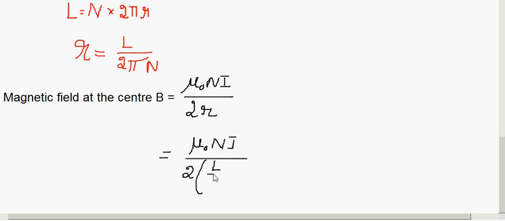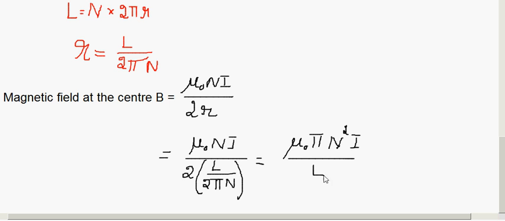r is L divided by 2 pi n. Simplify this, we get mu naught, the 2 will cancel, pi, n square into I by L, because this 2 will get cancelled with this, and all this pi n goes to the numerator.